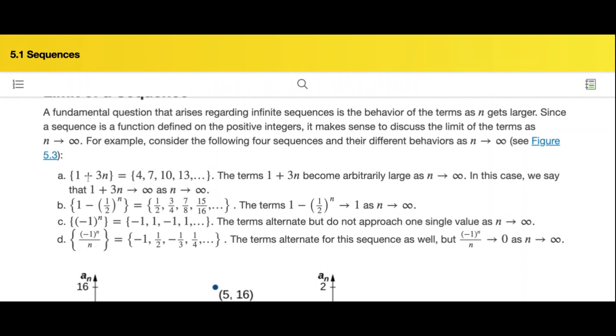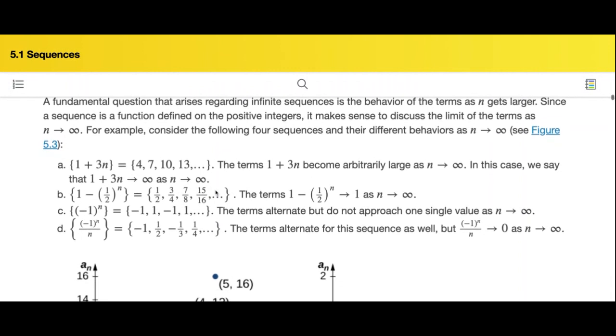Well, that's a linear function, right? As n approaches infinity, the function approaches infinity. For B, 1 minus a half raised to n, as n approaches infinity, the sequence, the nth term, approaches 1.